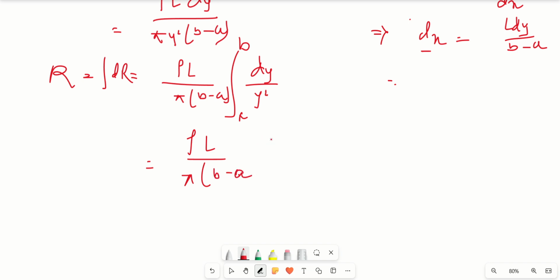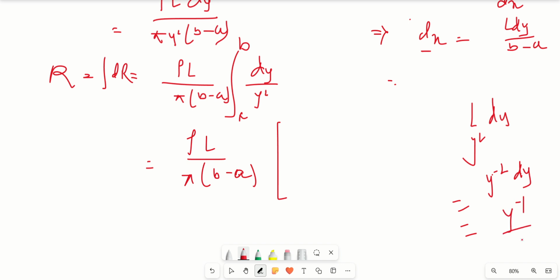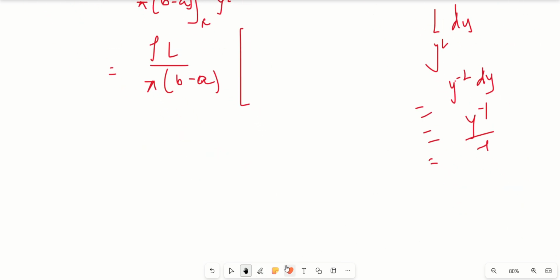For those who don't know how to do this, let me show you. We have y to the power minus 2 dy. This will be y to the power minus 1 by minus 1, which is minus 1 by y.